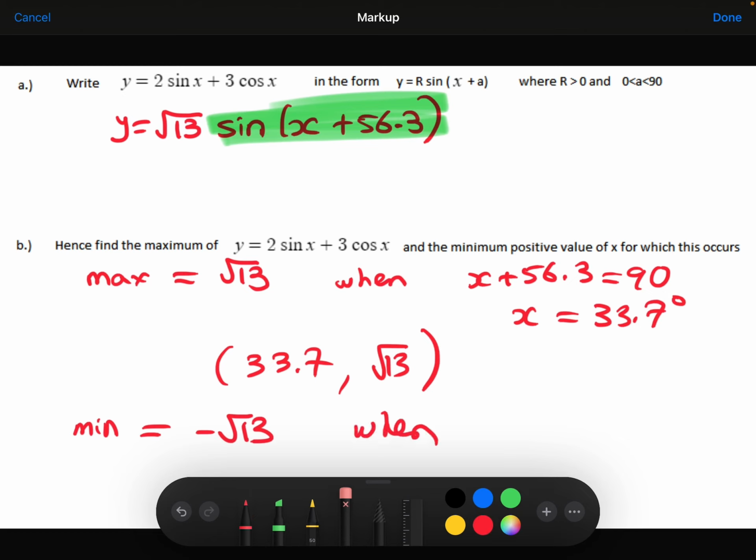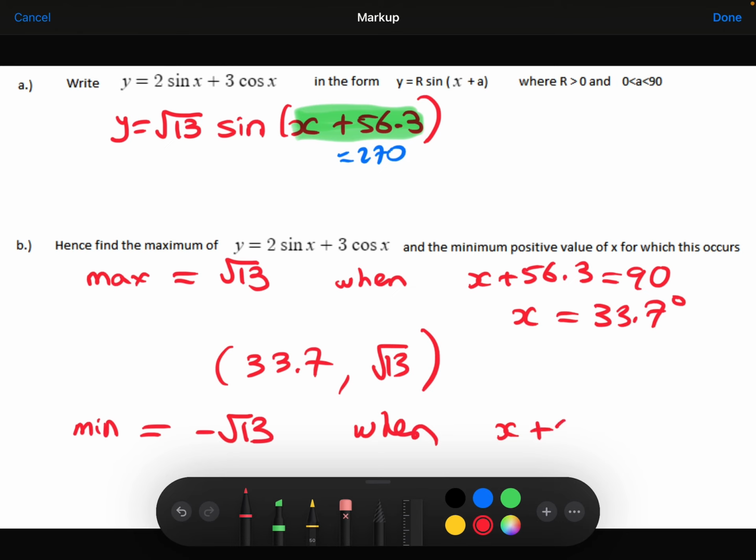When does the sine graph equal its minimum point? Well, it's when this bit on the inside here equals 270. Sine 270 is -1.